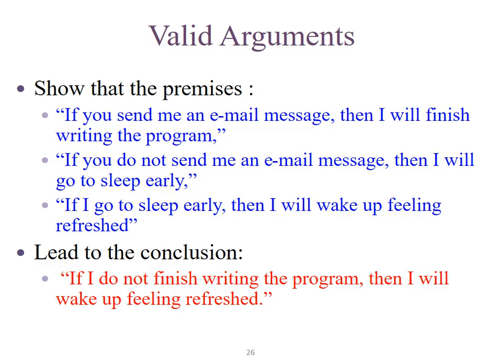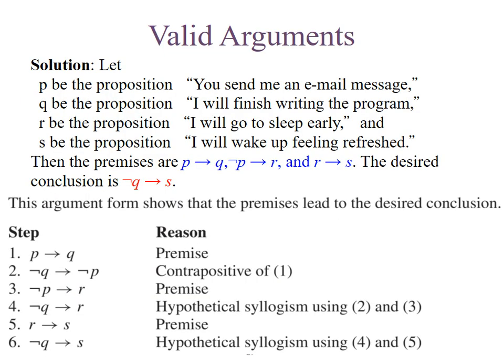So let's see how we rewrite this into argument form. Okay, the first one, you send me a message P, write program Q, go to sleep early R, and wake up feeling fresh S. Okay, so if you send me the message P, then I will write the program.